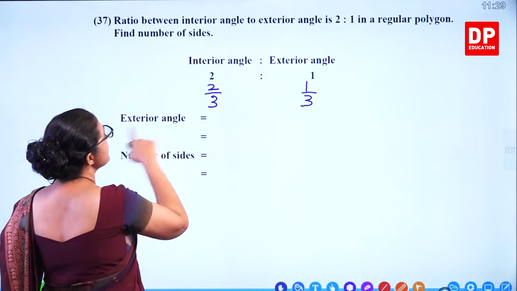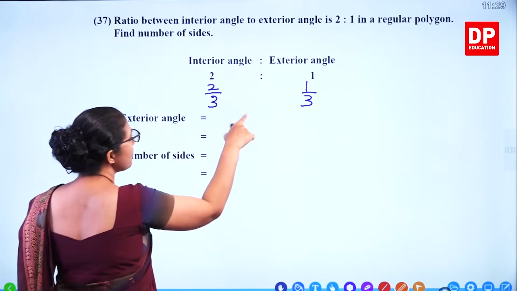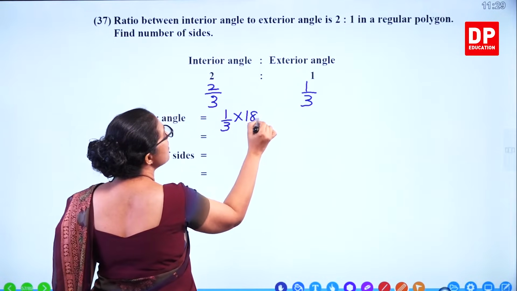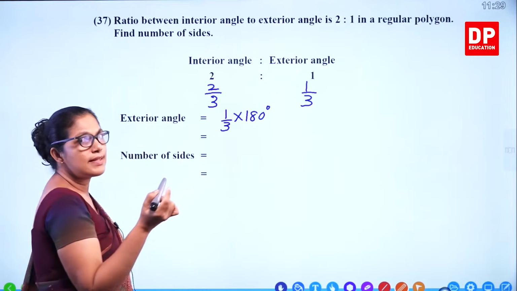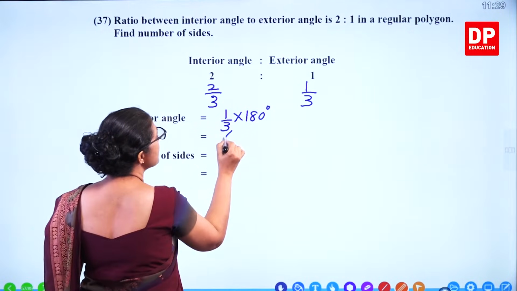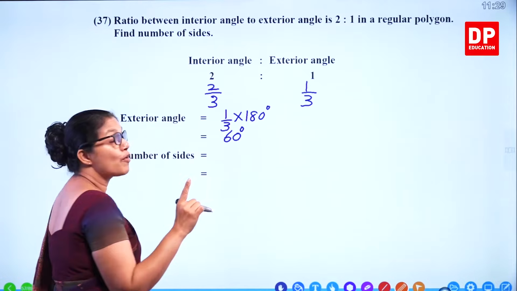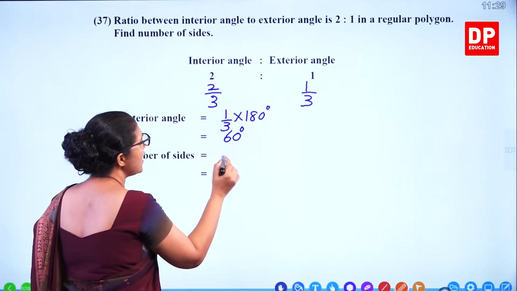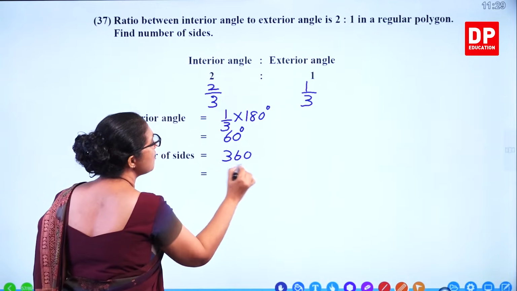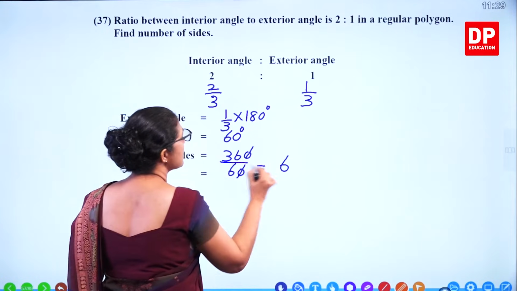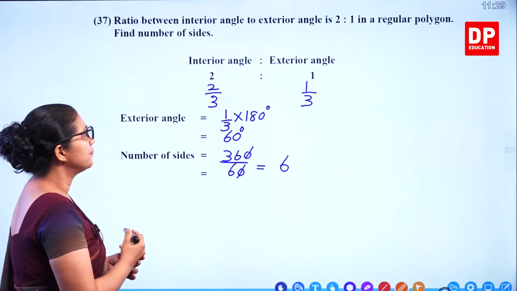So what's the exterior angle then? This is 1/3 into 180, because interior plus exterior is a straight angle, 180. So you get 60 degrees. You found out the exterior angle, so you can find out the number of sides. 360 divided by 60. You get 6 sides are there.